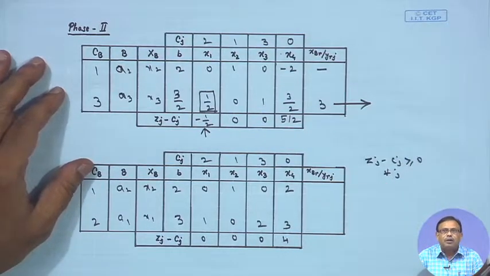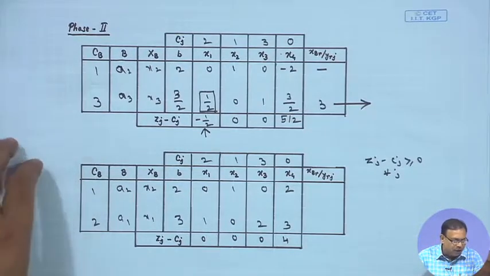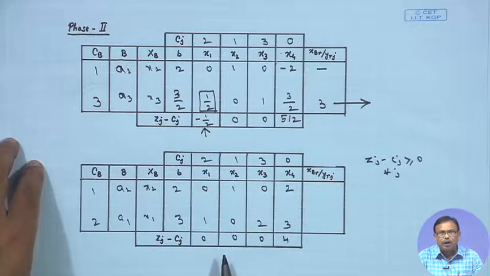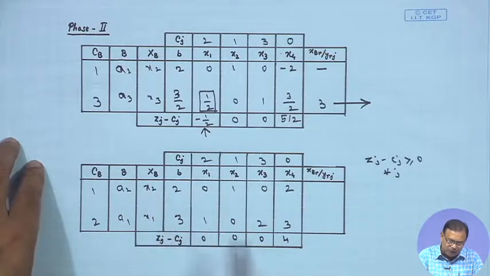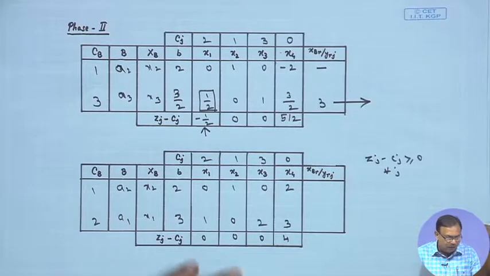So, we obtained the optimal solution, and the optimal solution is unique, because Zj minus Cj equals 0 for basic variables x 1 x 2, and it is greater than 0 for the non-basic variables.